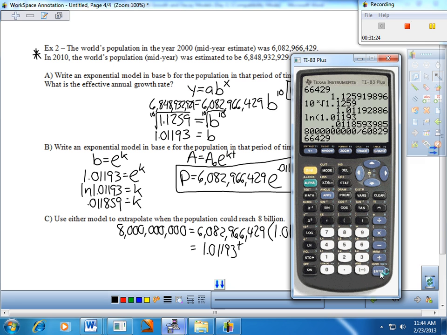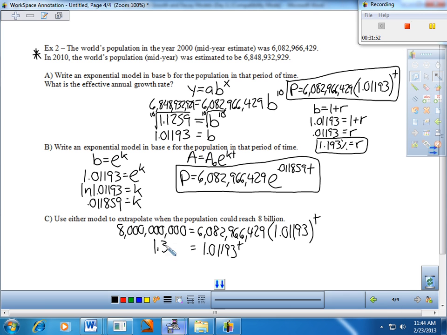Hopefully I have all my numbers in, and I get that. All right, not too bad. So 1.3151. Probably rounded a little too soon, but we'll see.